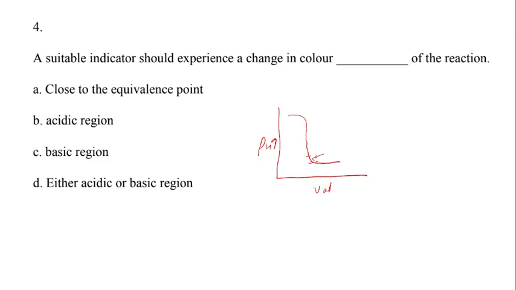Okay, so the color should be changed at the end point. This is the end point, meaning here the reaction is completing. So close to the equivalent point, acidic region, basic region, either acidic or basic region. So close to the equivalent point should be the right answer.